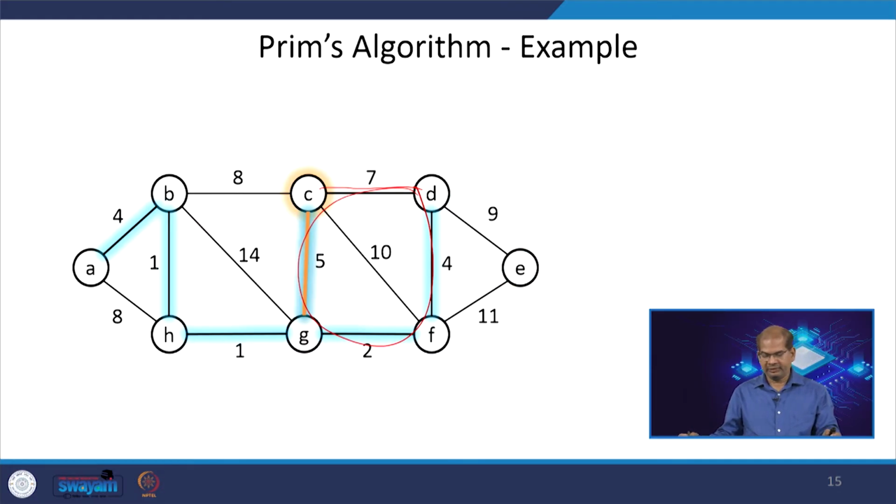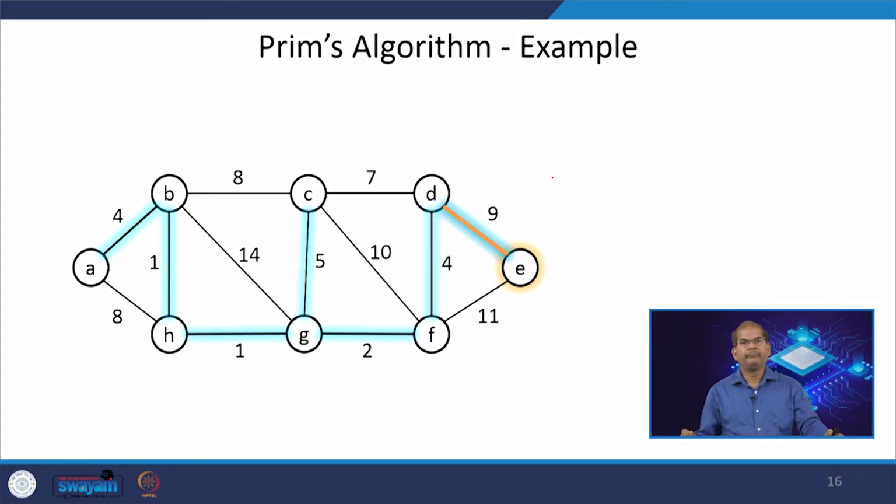Then 8, if I select it also, it creates a cycle, so 8 is also not allowed. This edge is also not allowed because it is also creating a cycle. Then I have 9, which is not creating any cycle, so it is allowed.